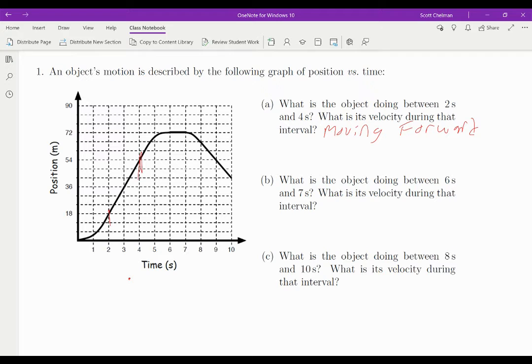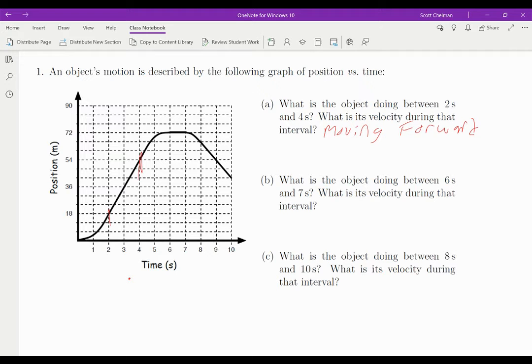You can look at from 2 to 4 on the x-axis. In math class, they'd be really happy if you say this word starts with an S. Slope. Get the slope of the line between 2 and 4 seconds. All right? So, got it?